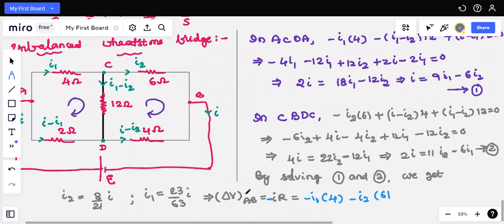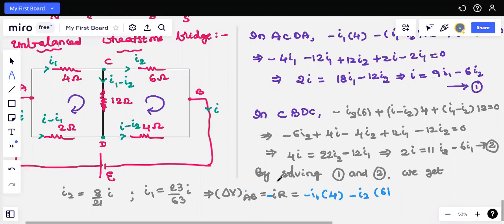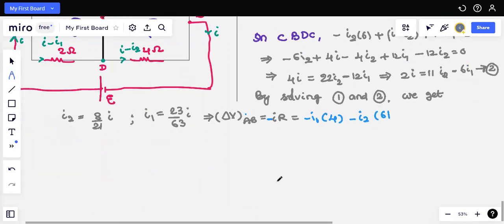To substitute I1 and I2, you already said I1 is this much, I2 is that much. Next, that implies minus IR, minus cancelled. So IR is equal to plus I1 into 4.